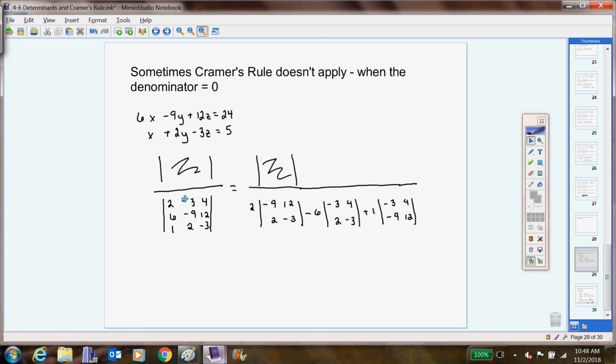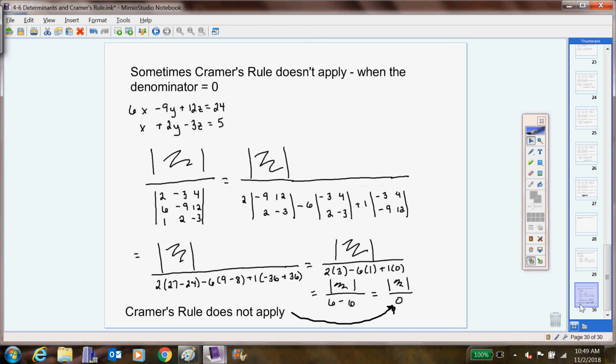So if we had this and we went to figure out our denominator and we went through the process, and we find out that going through the process gives us a 0 in the denominator, we'd say Cramer's rule does not apply. It doesn't mean that there's no solution necessarily, but it does mean that Cramer's rule isn't going to help us out in that situation.